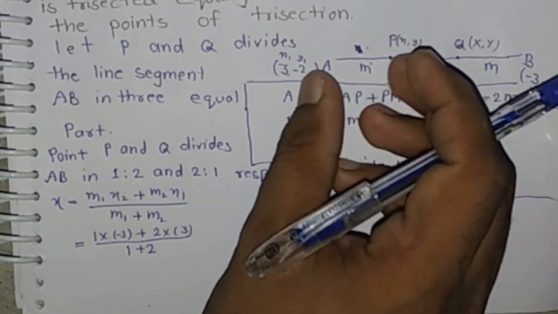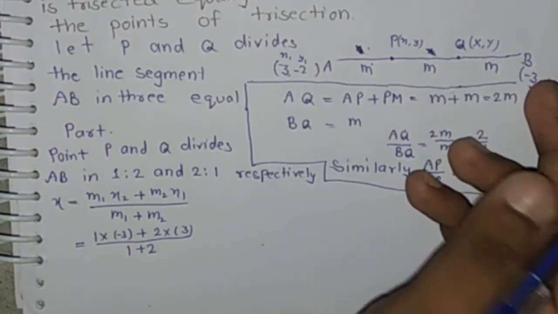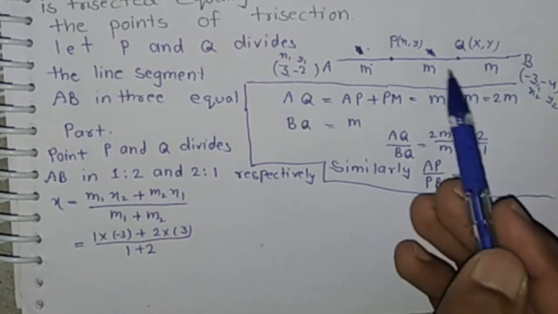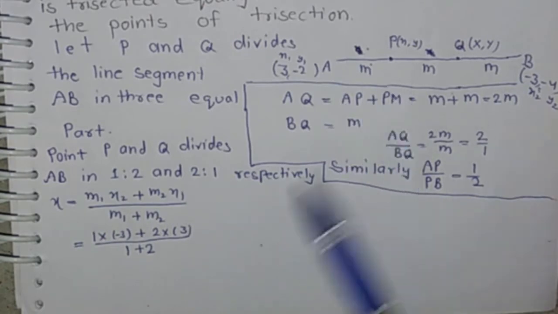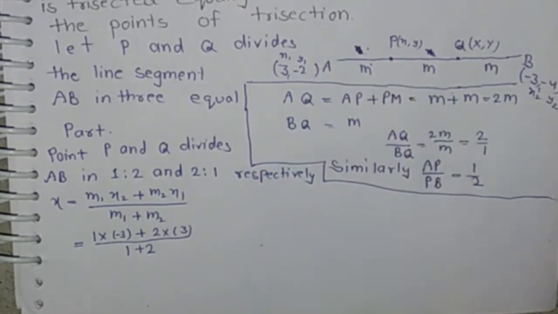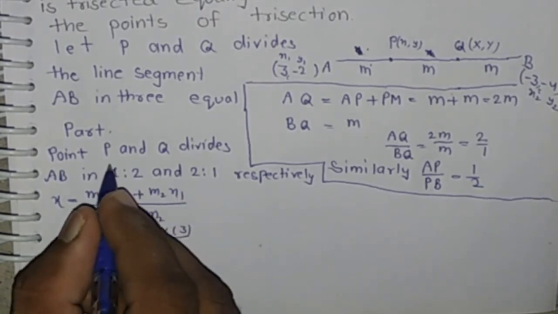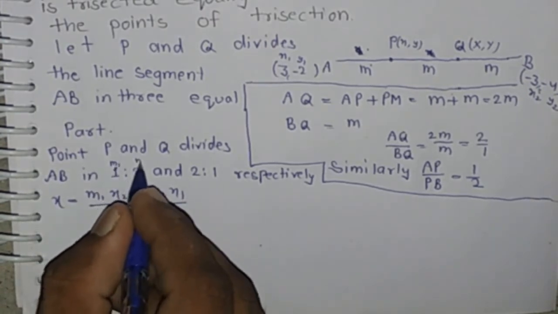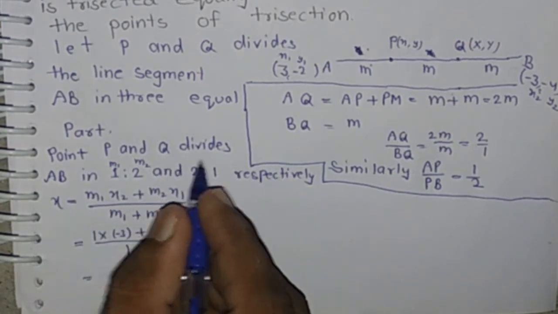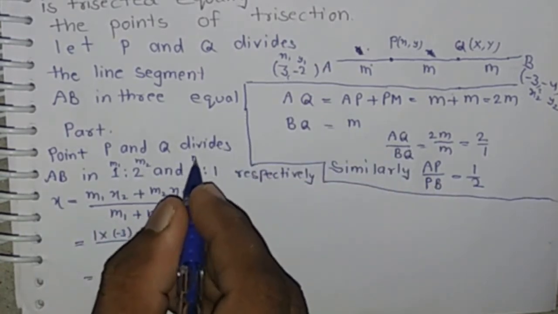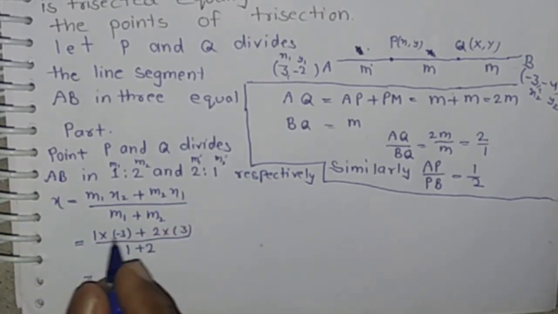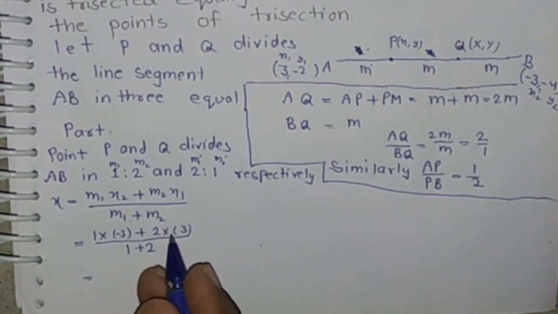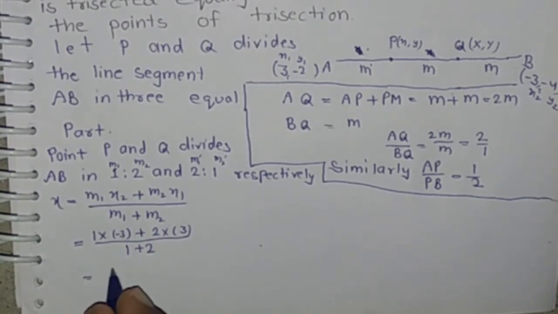That is m1 into x2, which is -3, plus m2, which is 2, into x1, which is 3, by m1 plus m2, means 1 plus 2. Then for point Q it is m1 dash, m2 dash. Minus 3 plus 6 means 3 by 3, it is 1.